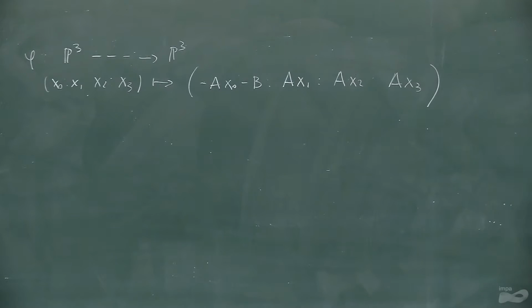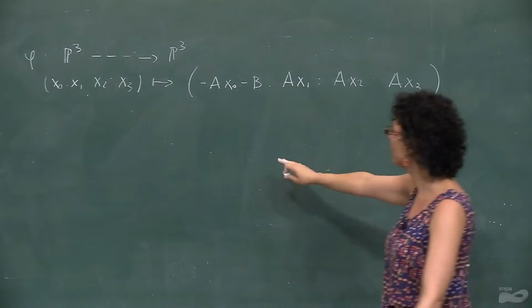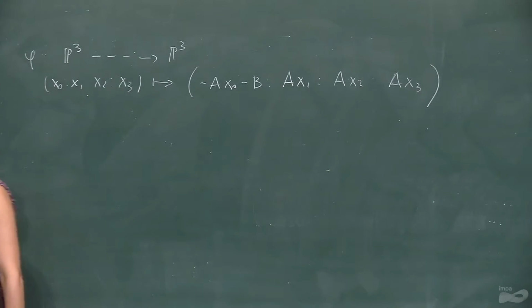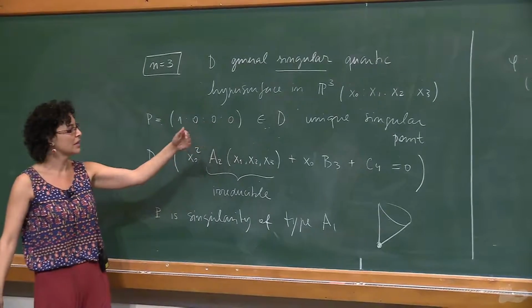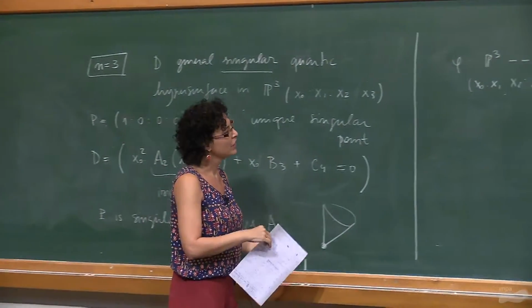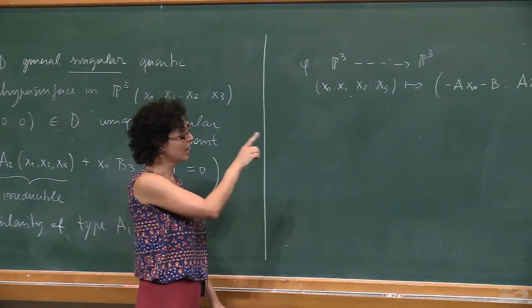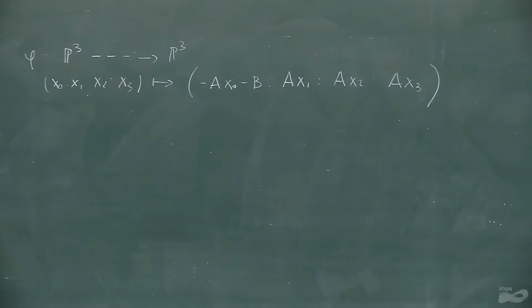So I hope you believe me if I tell you that this rational map does preserve this divisor D, or the form associated to D. And you can see that this is not an isomorphism of P3.